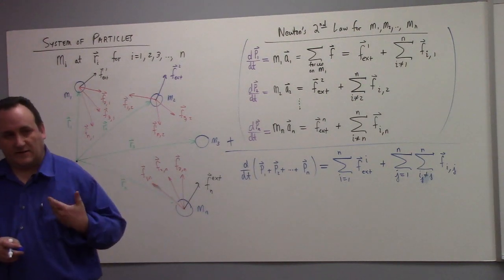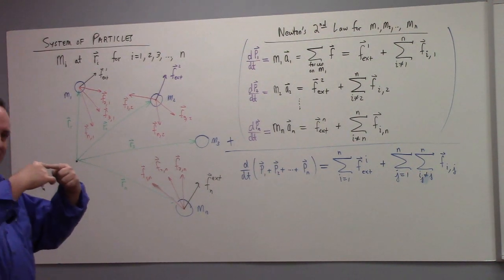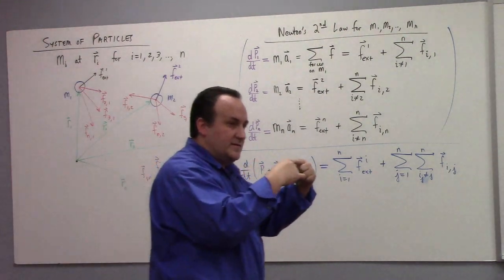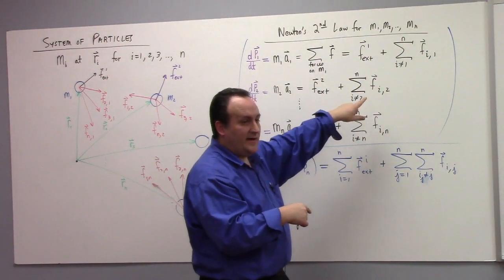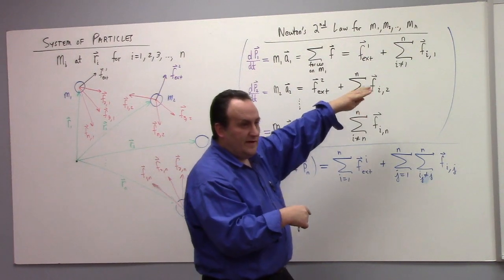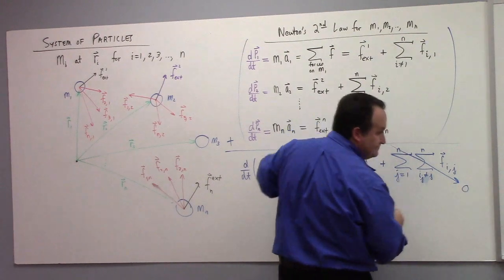Listen, you don't even need to write that down. Think about it. What happens as you add up all those internal forces? I saw some people going like this, yes, right? There are third law pairs. Every internal force in here has a pair, a partner, equal and opposite in direction. As you add these up, this collapses to 0.